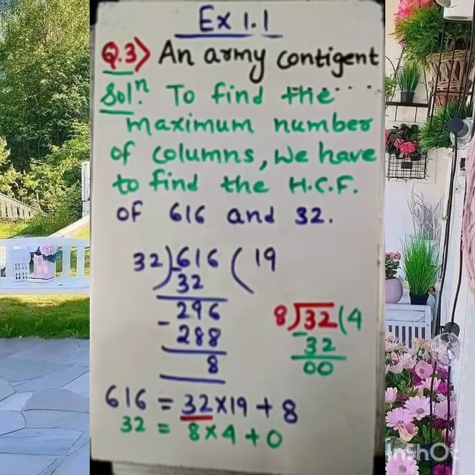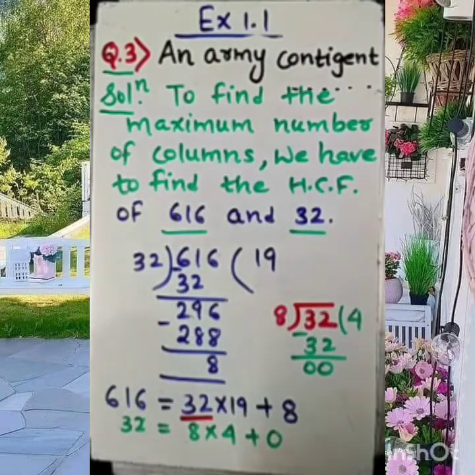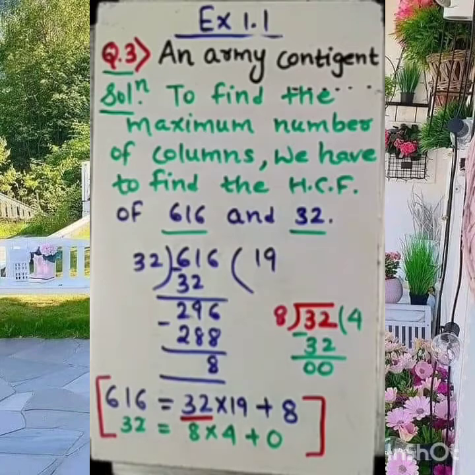So the HCF of these two numbers, this and this, is 8. So the final answer we are writing. Wait for a while. These two important steps we need to mention here. Okay, this is how to write it in a division lemma.